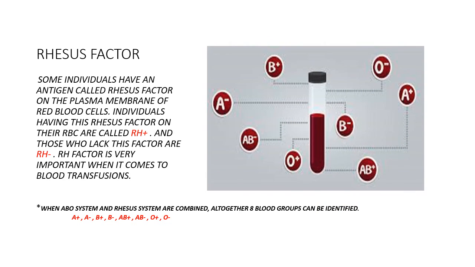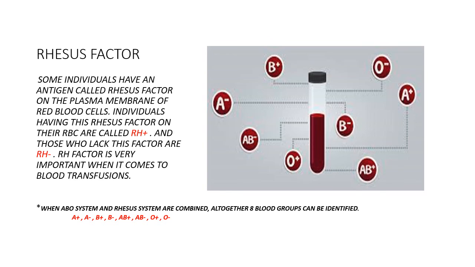Some individuals have an antigen called a rhesus factor on the plasma membrane of the red blood cell. Individuals having this rhesus factor on their red blood cell are called rhesus positive, and those who lack the rhesus factor are called rhesus negative.